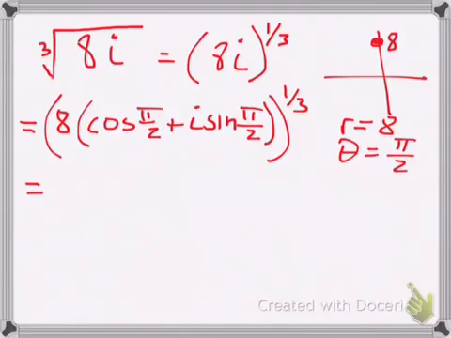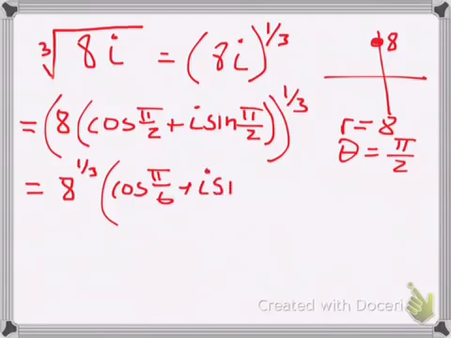Now we can apply De Moivre's theorem. This will be the cube root of 8 times the cosine of pi over 6, is 1/3 times 1/2 is 1/6, right? Plus i sine of pi over 6.